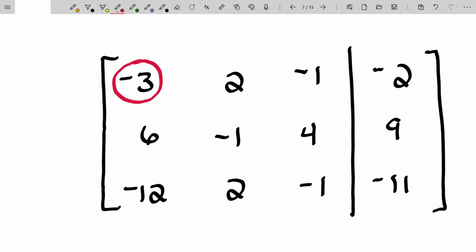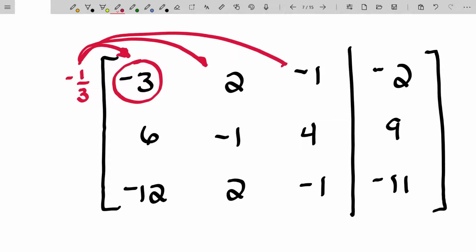Or you can multiply this equation by a non-zero constant, and that's really the idea. I would multiply this equation by a -1/3. If I multiplied by a -1/3, I would get a 1 there. So just imagine that we did that, -1/3, and I multiplied everything in this row by a -1/3. The problem with that is that I would get fractions everywhere, except for the first element.